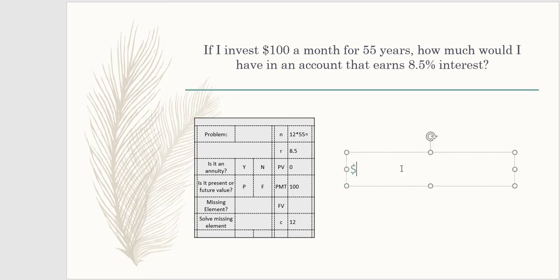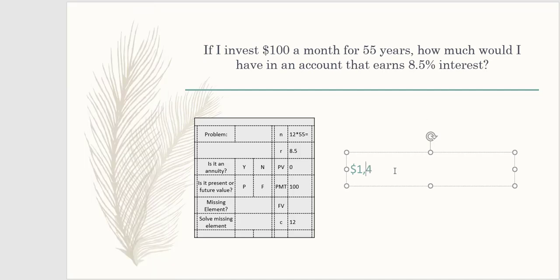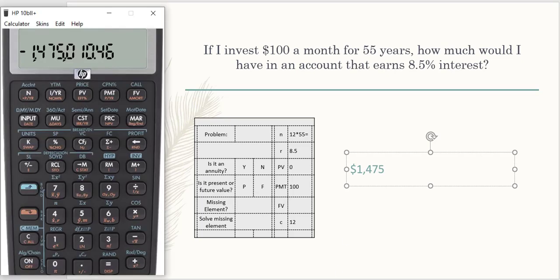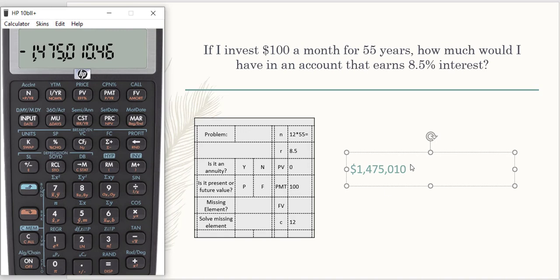So just doing $100 per month over your life cycle of working, and that's granted you started whenever you were at, oh, I just lost my data. $1,475,010.46.